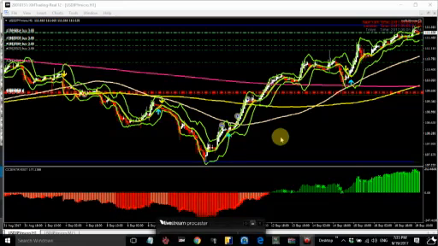Okay, so what you want to do is understand the fact that whenever there's going to be a major retracement, that major retracement will end by touching the moving average 200. That is the major retracement.